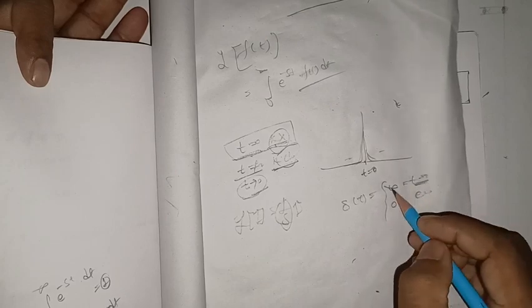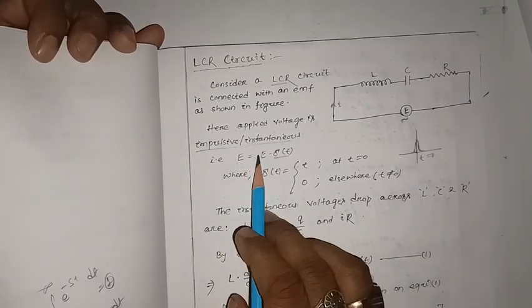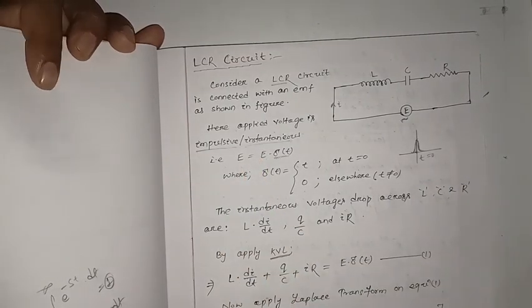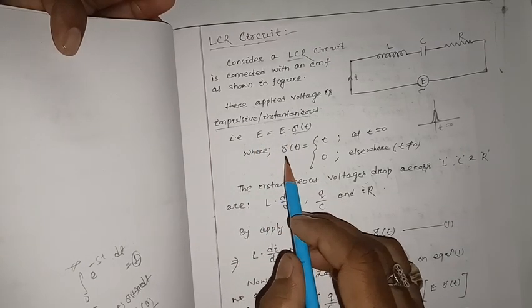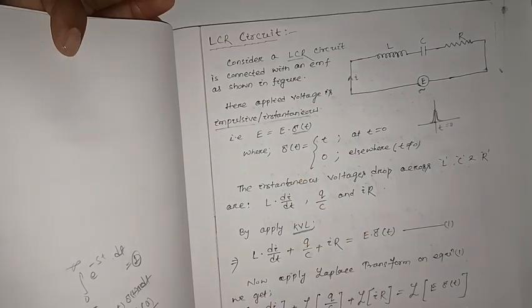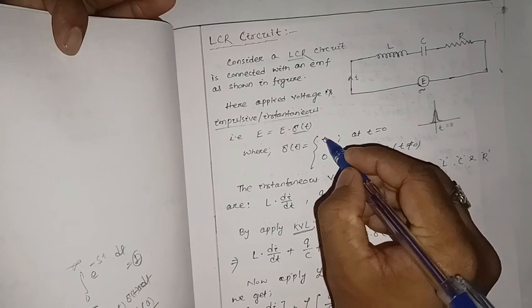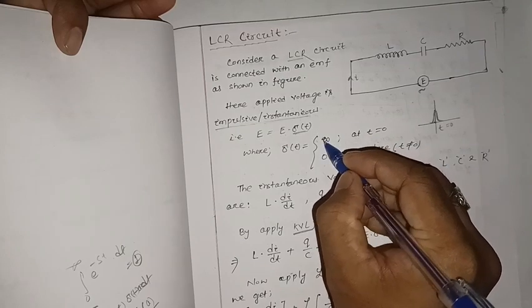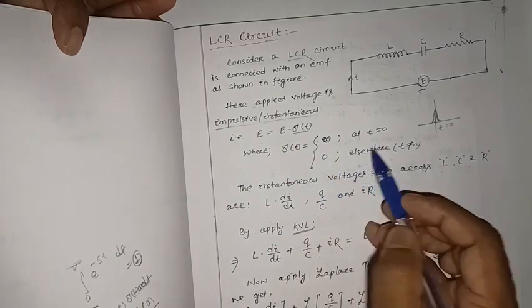That means at t equal to 0 it exists, otherwise it does not exist. So here the instantaneous applied voltage is represented as E into delta t, where delta t is infinite or maximum at t equal to 0 and 0 elsewhere.